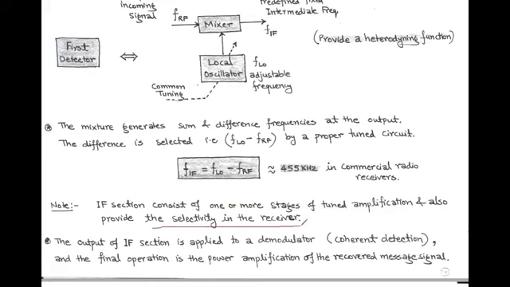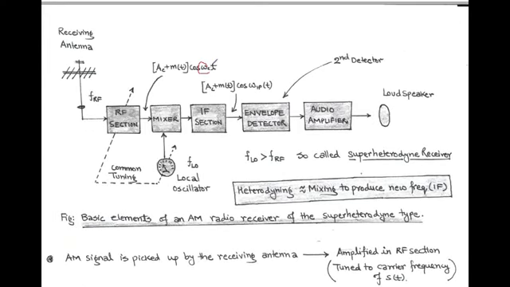So the received AM signal with carrier frequency omega_c gets converted into the signal with the predefined fixed intermediate frequency omega_IF, and it is given as (A_c + m(t)) cos(omega_IF t). This output of the IF section with omega_IF is applied to the demodulator, that is called a coherent or synchronous detector, that is used for the recovery of the desired signal, called the modulating signal.